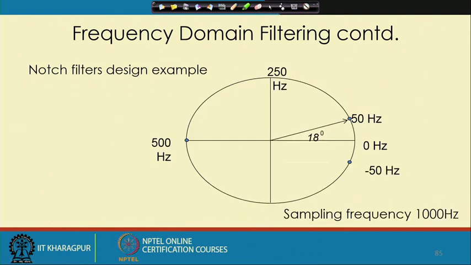So, here we see the angle, how it is shown: we are getting the plus minus 18 degree angle, and the zeros are there in the pole zero plot. With this we are able to eliminate the 50 hertz signal, which is actually power hum, or noise, for the biomedical signal.